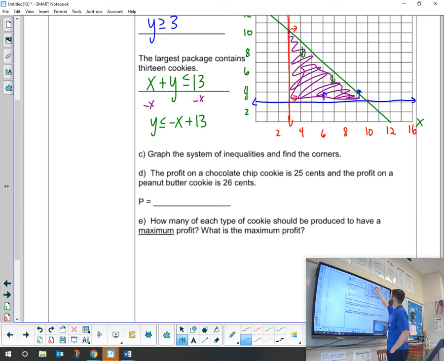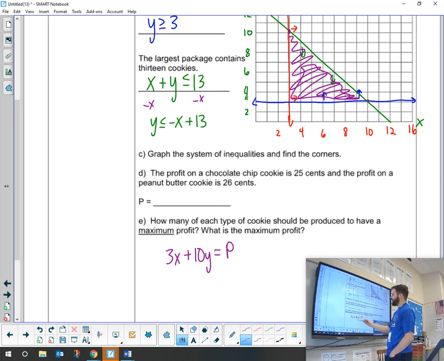So we would want to put all we can in the peanut butter and little in the chocolate chip, right? So my maximum profit would be if we only did 3 chocolate chip and we had 10 peanut butter.